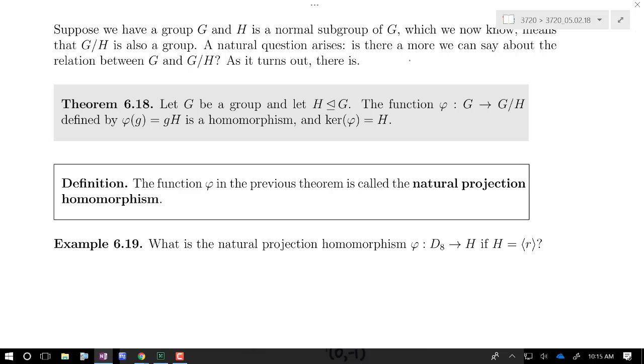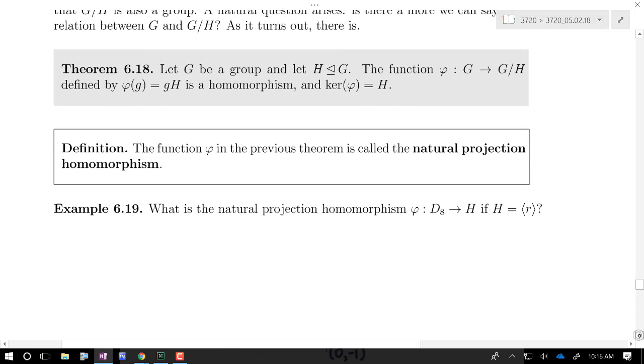However, this theorem says that I could define a function from G to G mod H, by saying just send each element of G to its coset. And that's a homomorphism, and the kernel of that homomorphism is the subgroup H. Remember, the kernel of a homomorphism are all the elements that get sent to the identity. We call this the natural projection homomorphism.